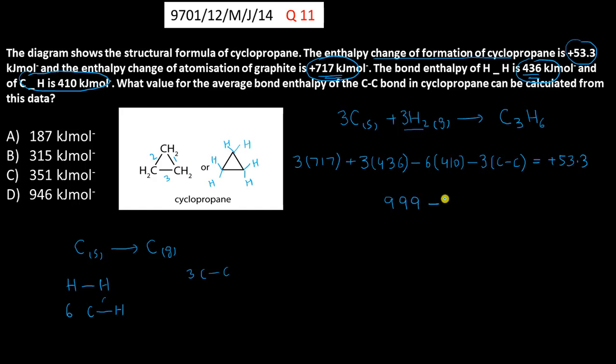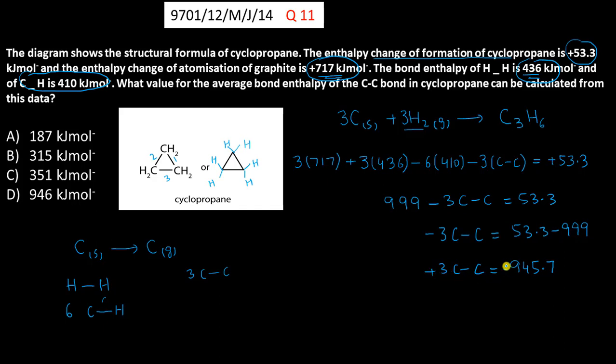Now if you solve all this, you will get 999 minus 3 carbon to carbon, it equals 53.3. So for 3 carbon to carbon it will become 3 carbon to carbon equals 999 minus 53.3, which gives 945.7 for 3 carbon to carbon.